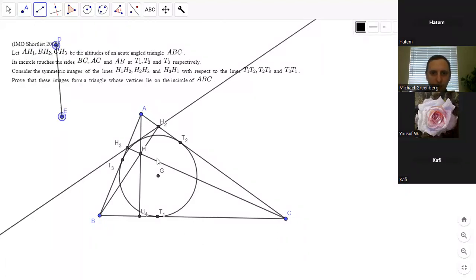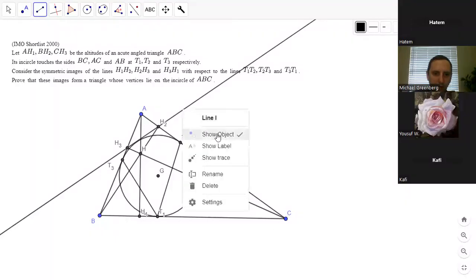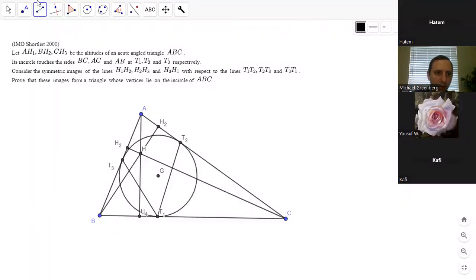Well, we'd actually want to take the other two, H1H3 and H1H2, and reflect it.